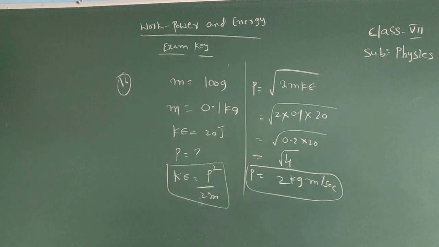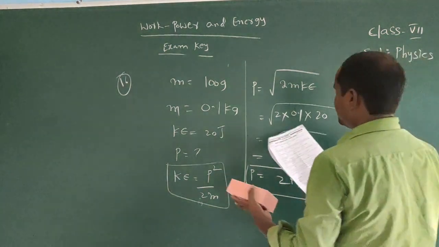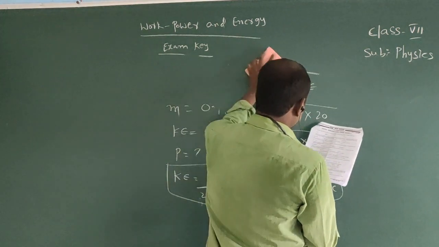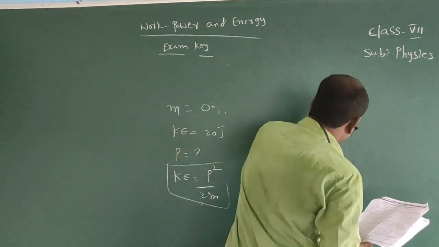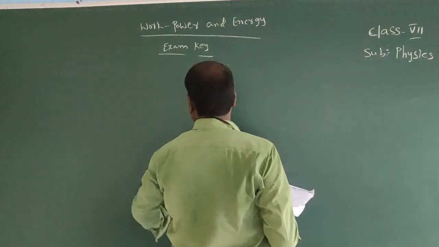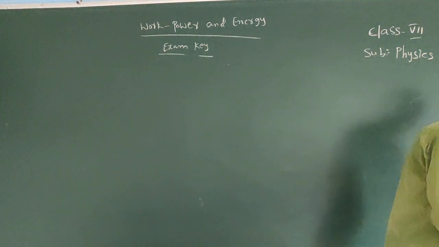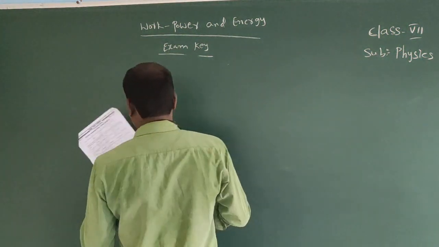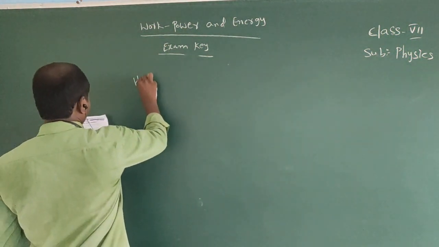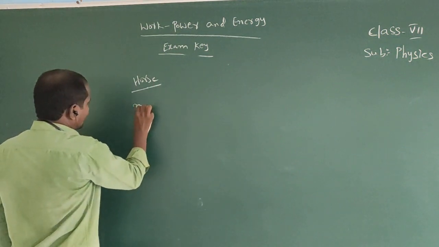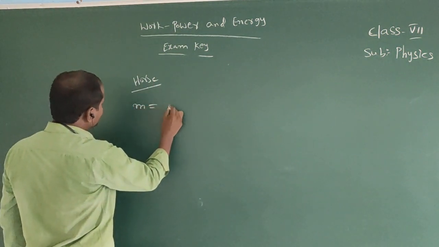Okay, next. Here the earth and lungs are running with the same speed. The mass of the earth is 10 times that of the lungs. Then find the kinetic energy ratio. In first case, Earth's mass equal to, for example, 1 kg.